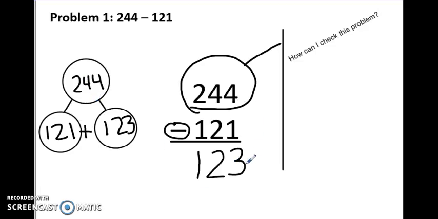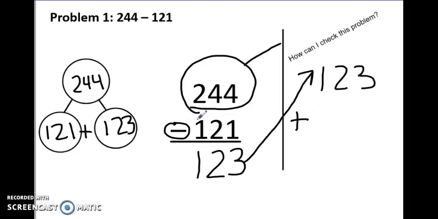This is how we do this. I'm going to draw an arrow from my answer up to the top. And I'm going to write 123 on the top. Next, I'm going to change my sign from subtraction to addition. And I'm going to bring over my middle number right under my 123. Put my equal sign.